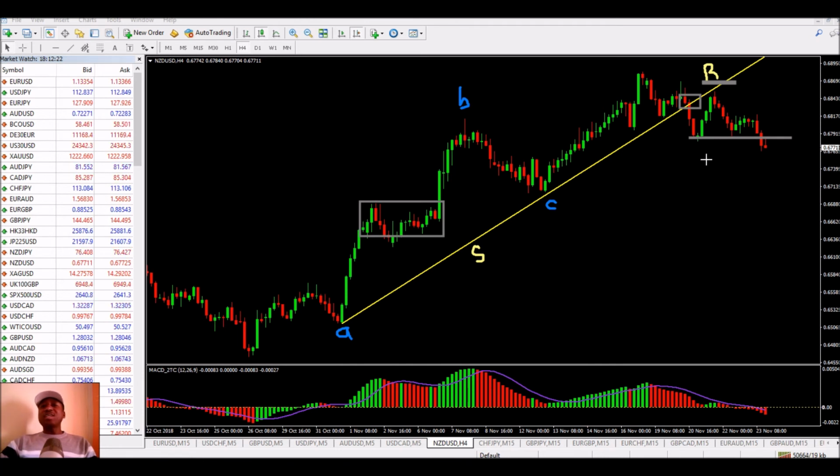So if you want to take your profit, your take profit is going to be somewhere here before point A. Point A is somewhere here around the zone. So you want to take your profit before this point. So you have your stop loss, your entry here, and your take profit is going to be here.